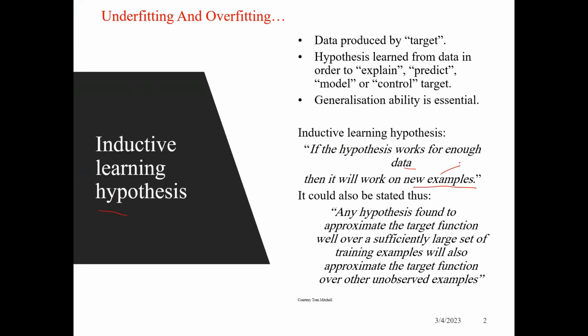These new examples are what we usually refer to as the testing set. When we use the training set, the hypothesis function that the algorithm selected as appropriate for this data should work on enough data in the training set.